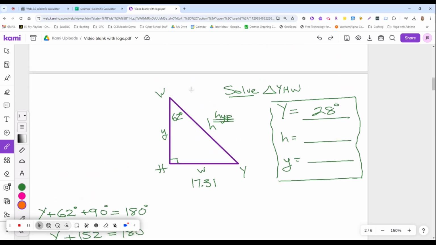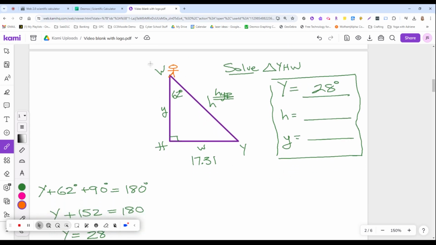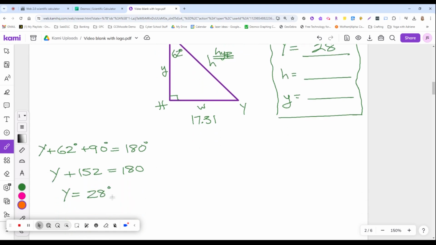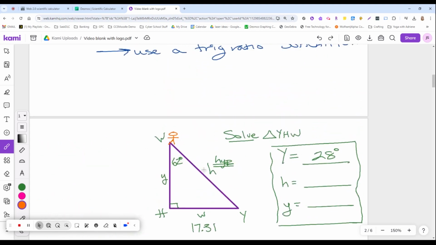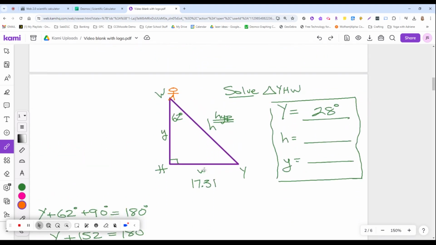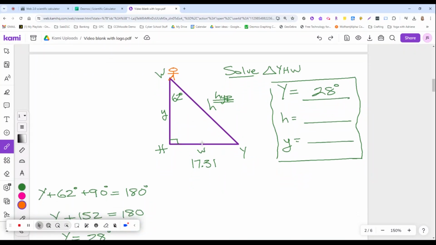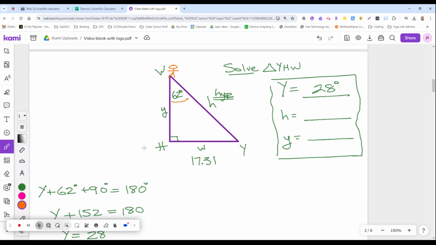This 62 is where we should stand. Why? No pun intended. There's a lot of why going on in this question. How come I would stand up there? Because if we subtracted wrong, this 28 is wrong. And then everything we work with from there, if we use that 28, we get everything else wrong as well. So instead, use the angle that you know is right. I know this 62 is correct.